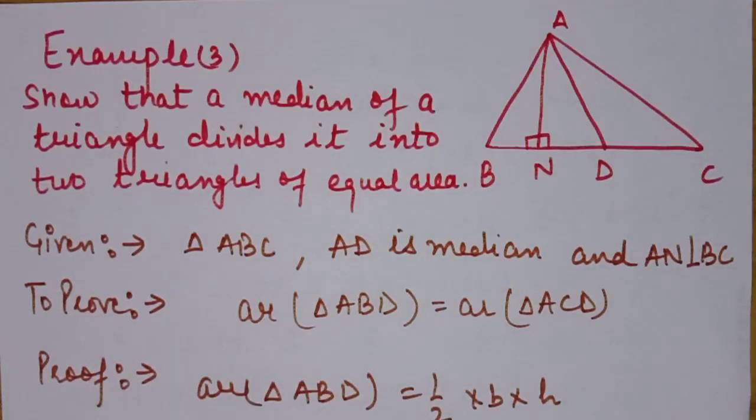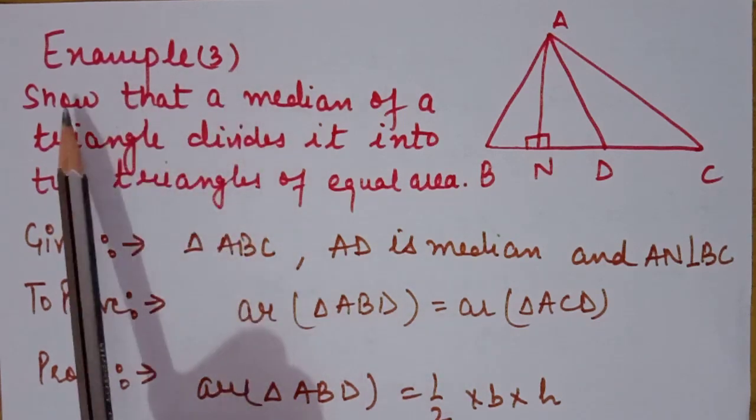Students, like your last example number 2, we did it and I told you that we will use that example as a theorem. Now your example number 3 is here and I want to explain it because we will use this example as a theorem also. So it is also an important example.